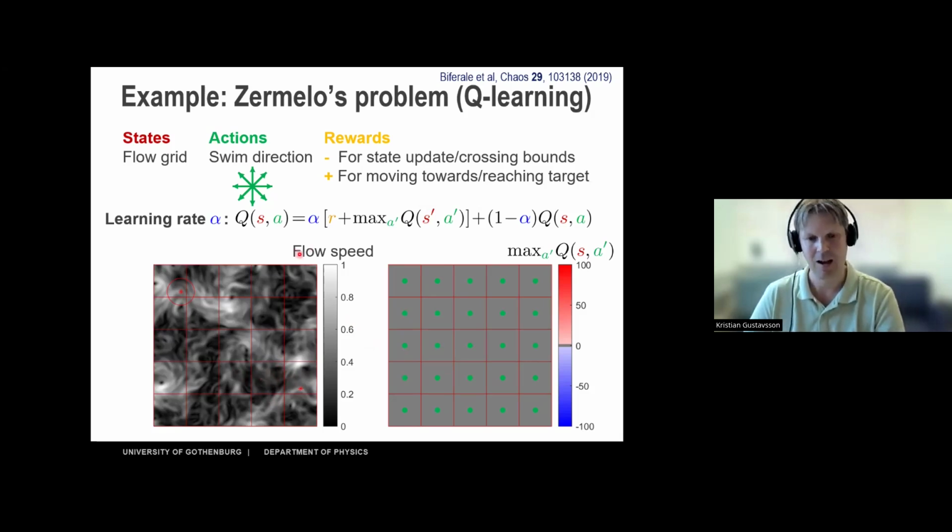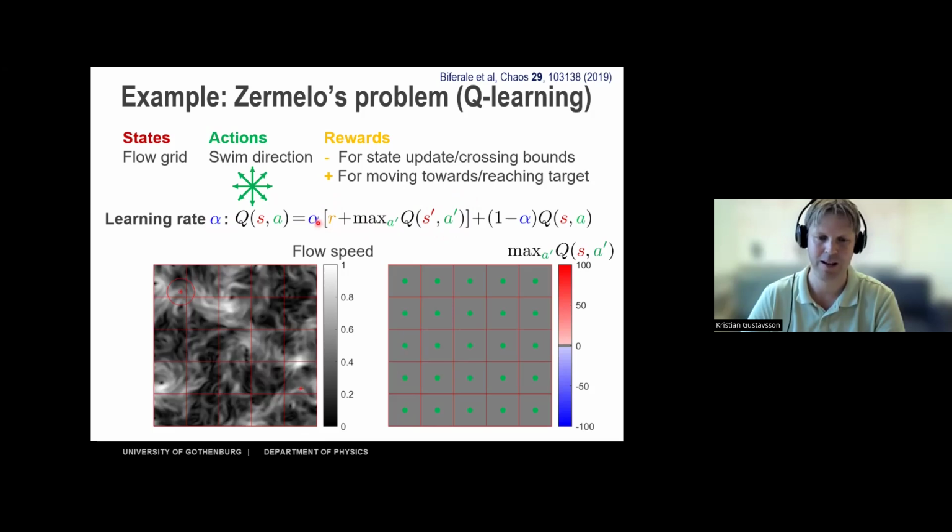So therefore, we don't want to add the entire information of what we learned just recently, because that will destroy whatever we learned earlier. So therefore, we introduce this learning rate. So when this is 1, then we just have this first term. So that's what we had before.